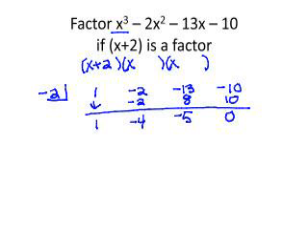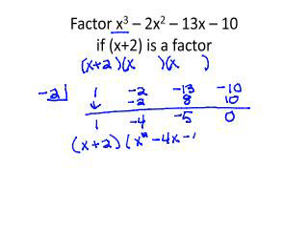Okay, so right now we know that because we put negative 2 on the shelf, x plus 2 is a factor, and for the remaining factor, we want to go one less power than what we started off with. So 1x squared minus 4x minus 5. All right, so now we want to break this one down into the two sets of factors. If you look at that, we want factors of negative 5 whose sum is negative 4.